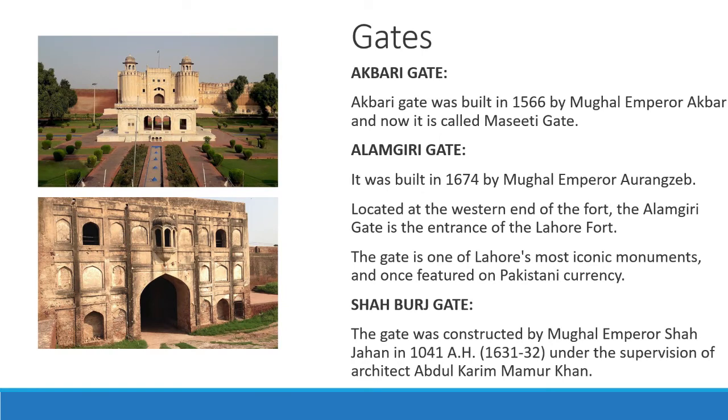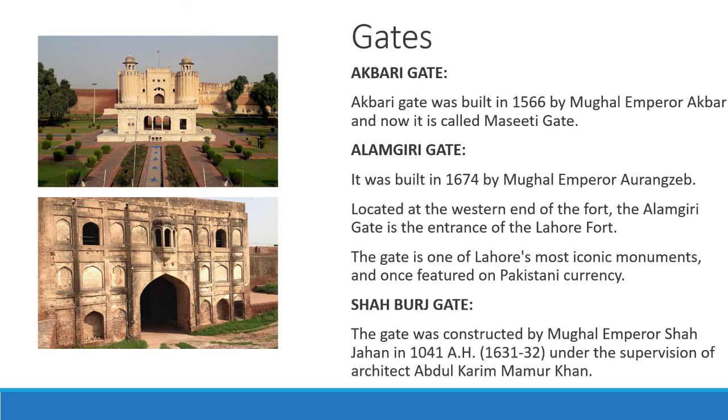Now we will see some of the gates. First of all, Masti Gate. It was built by a Mughal Emperor in 1566 and is now called Masjid Gate. The second is Alamgiri Gate. Alamgiri Gate is located at the western end of the fort, at the entrance of Lahore Fort.